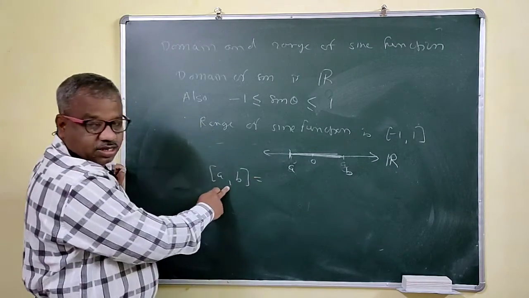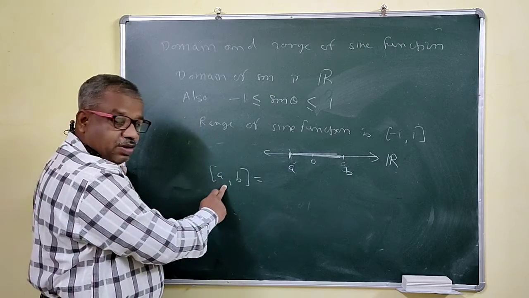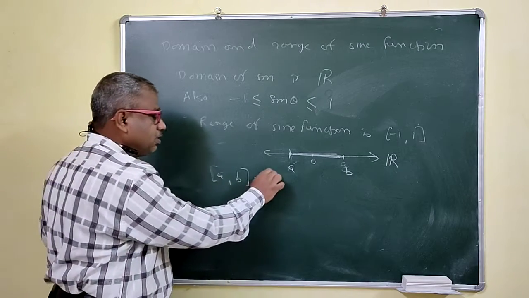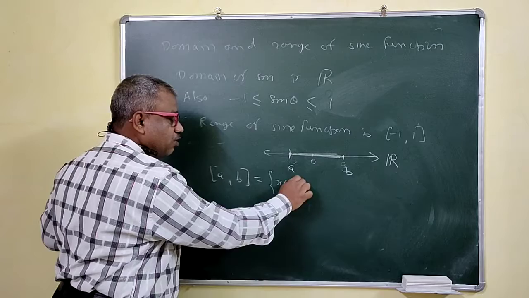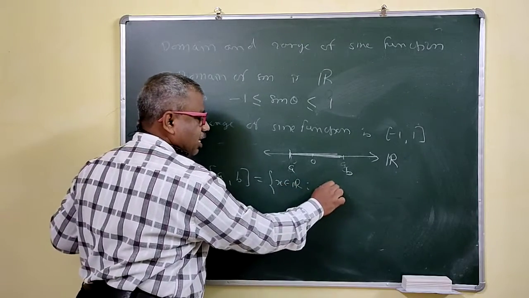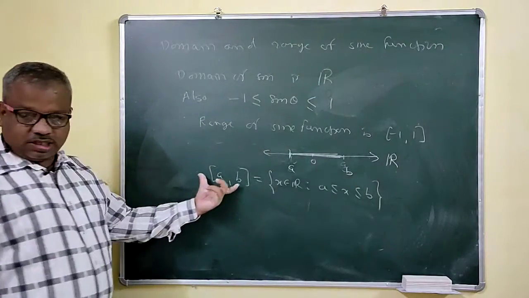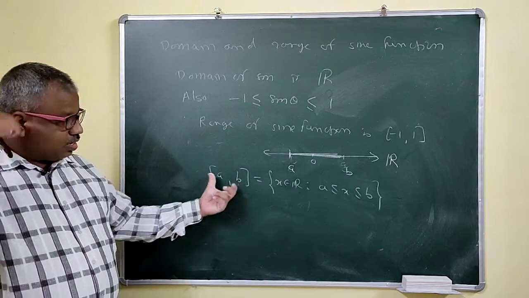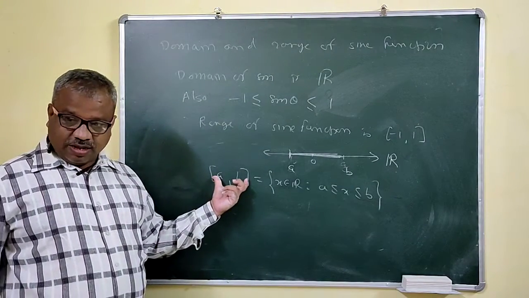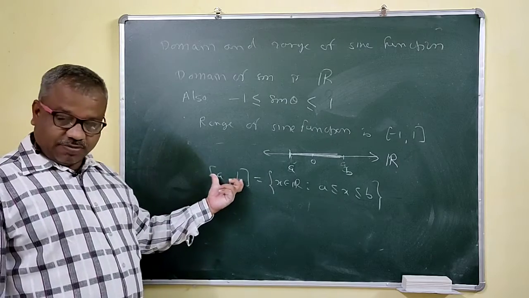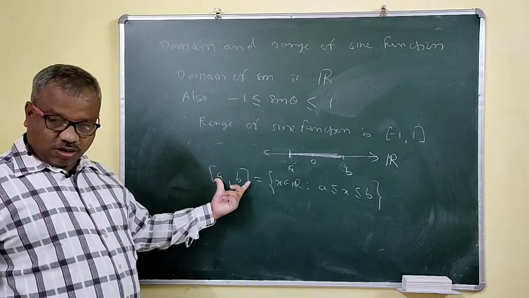This is nothing but a set. There are infinitely many numbers lying between these. This is nothing but the set of all x belongs to R such that a is less than or equal to x is less than or equal to b. Right? This is a set, right? And it contains infinitely many real numbers. So this is not a countable set.